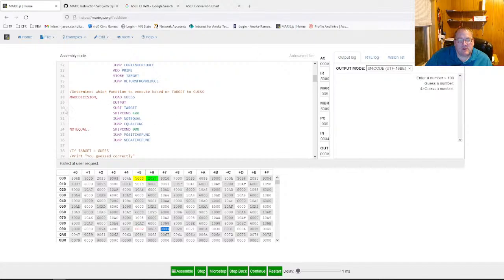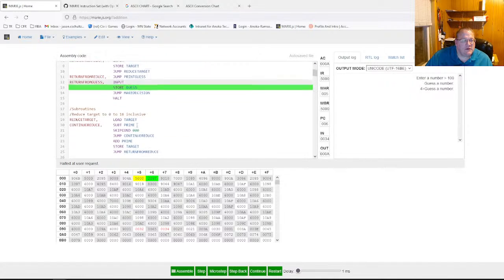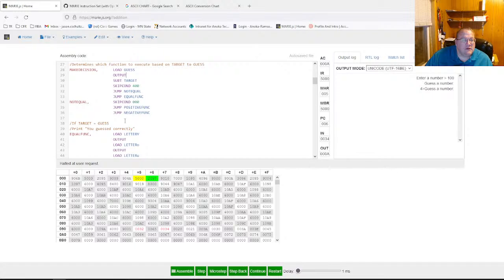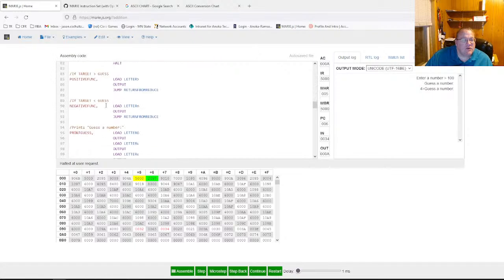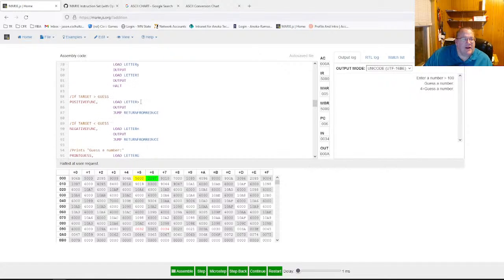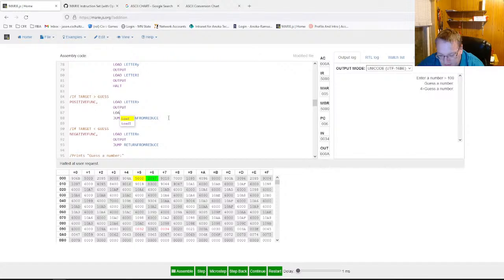Okay. So let's try, well, first off, when I do these, that's equal function. Okay, when I do this one here, what I want to do is load new line.